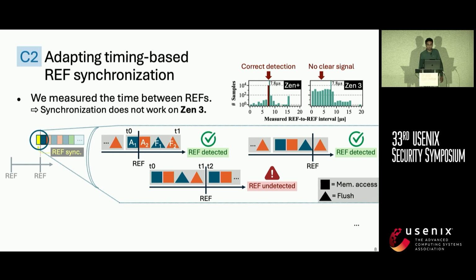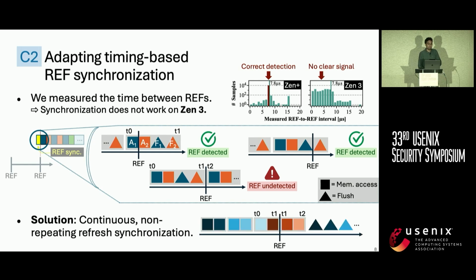And to basically solve this issue, we proposed a new continuous non-repeating refresh synchronization. This new routine basically uses distinct rows to avoid the need to flush caches while we do the synchronization, and also uses a continuous timing measurement that avoids these blind gaps.